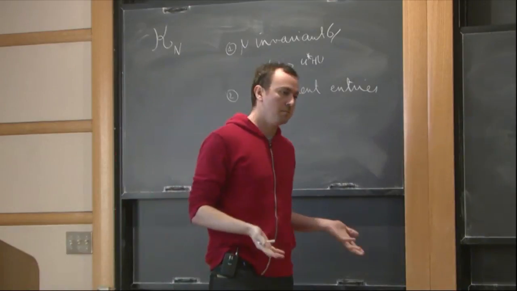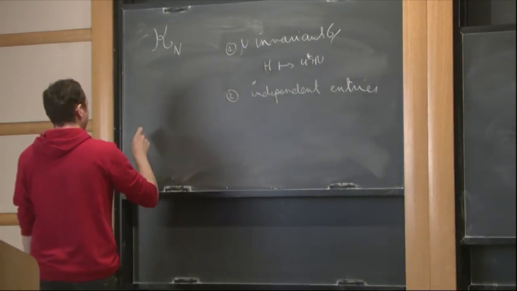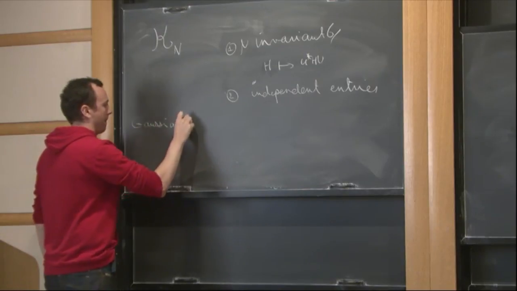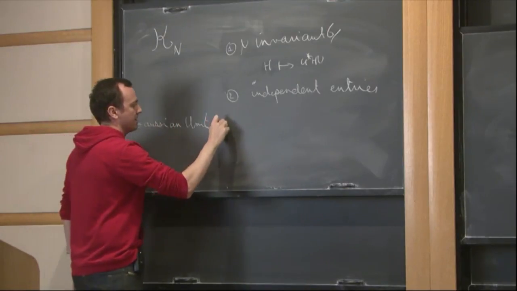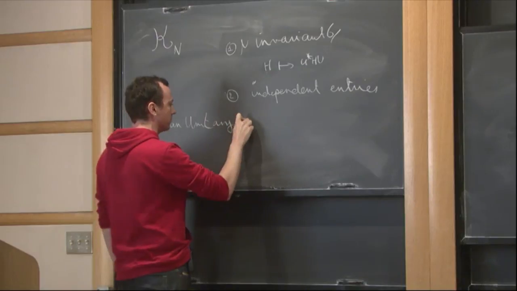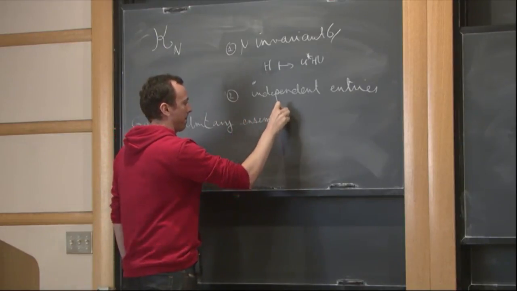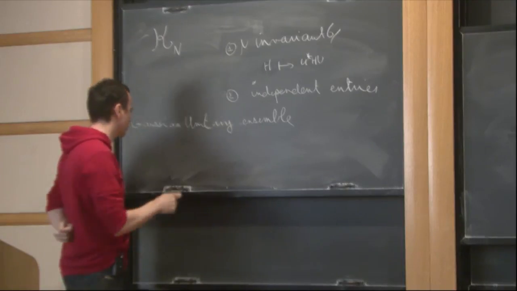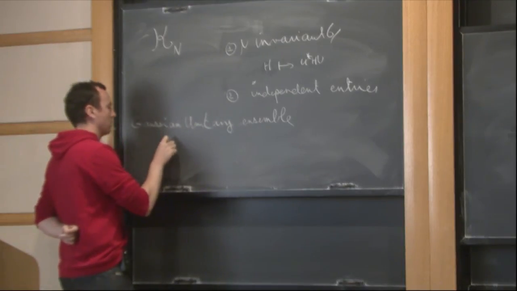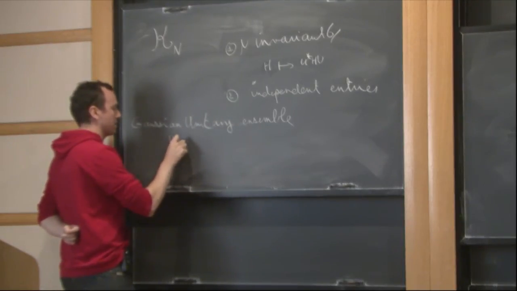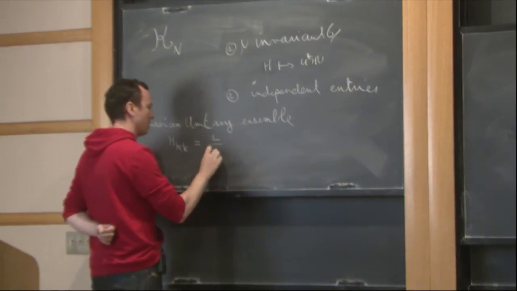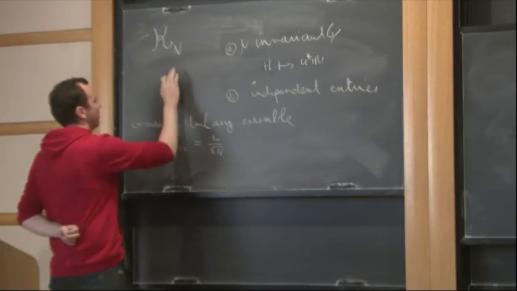The only possibility is the so-called Gaussian unitary ensemble, and the entries are Gaussian. So more precisely, we can choose a normalization, which is the following. We take the diagonal entries to be real, and we have an n by n matrix.